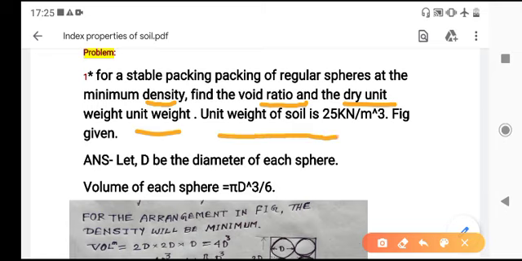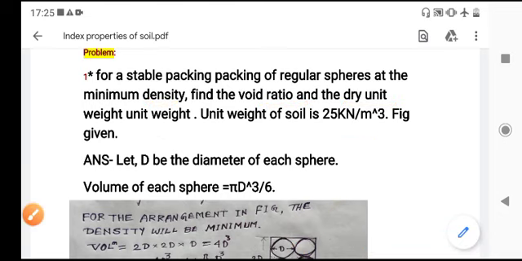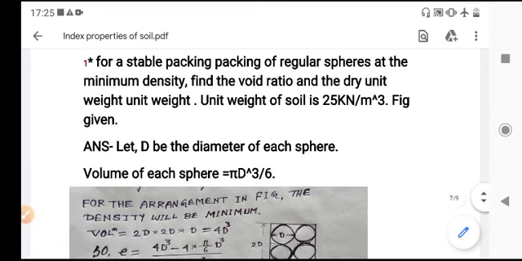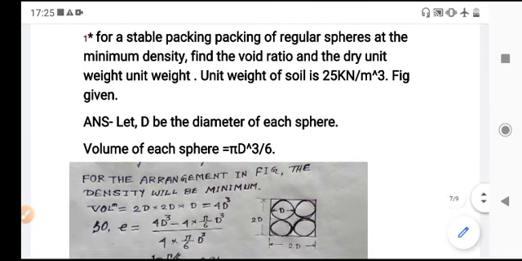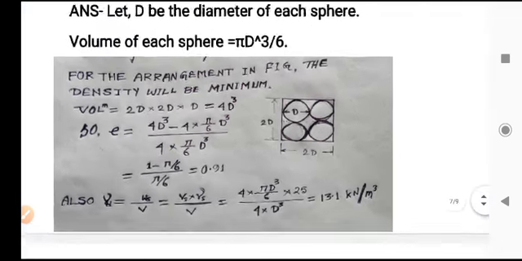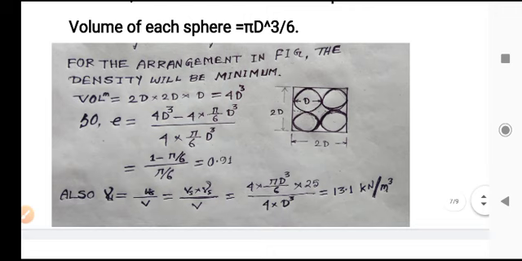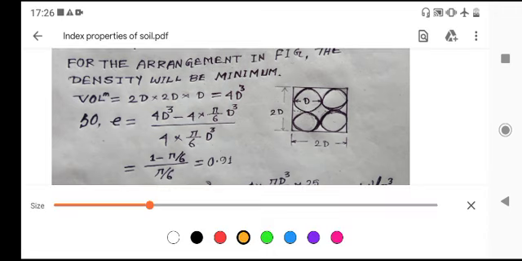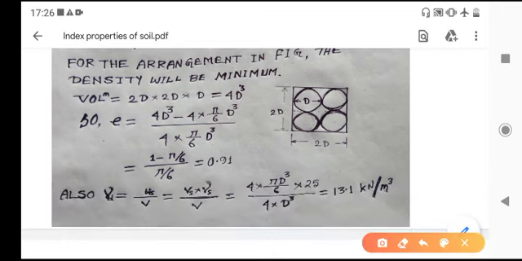Given unit weight of soil is 25 kilonewton per meter cube. The figure is given here.